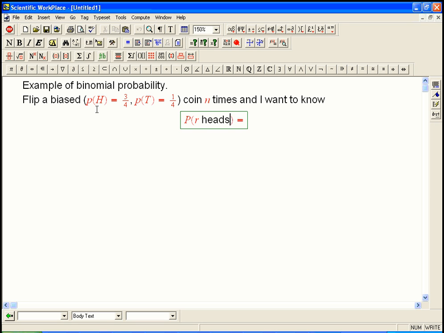Then what we figured out was we could list all the ways that R heads can come up. Well, that's a standard counting problem. That's going to be n choose R.